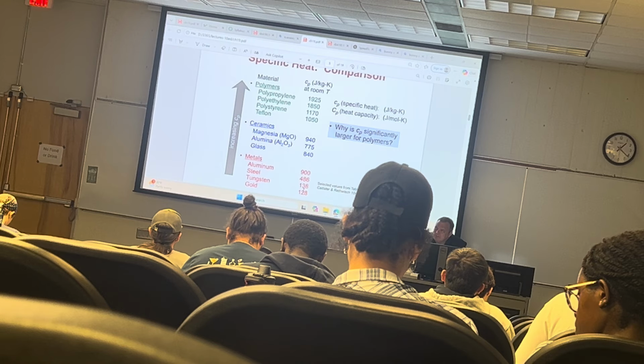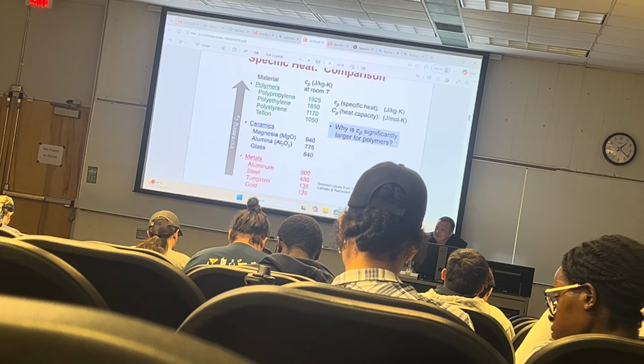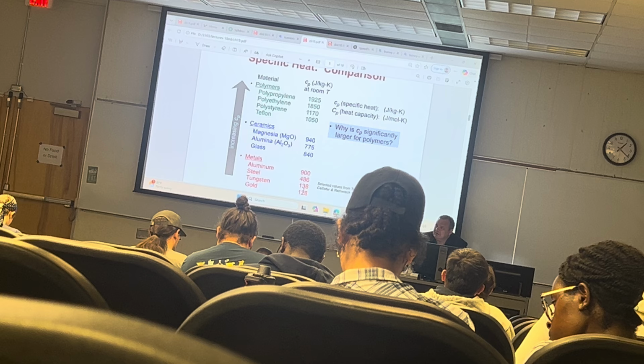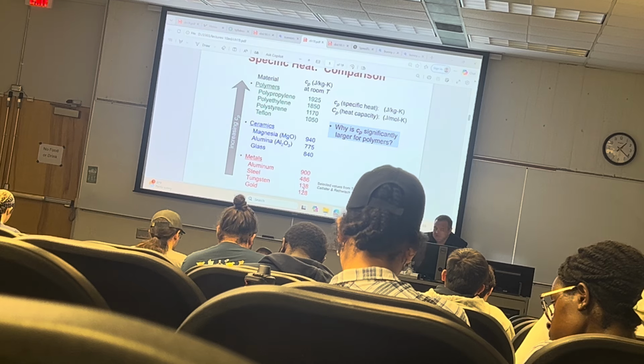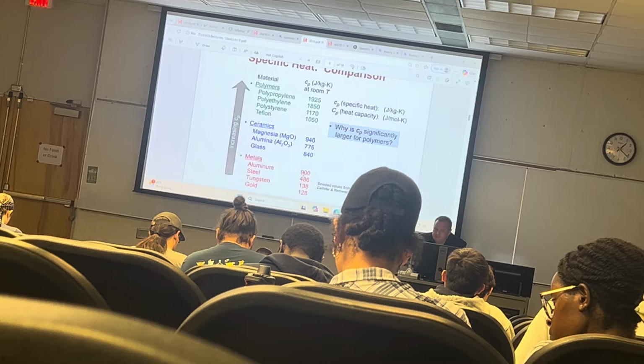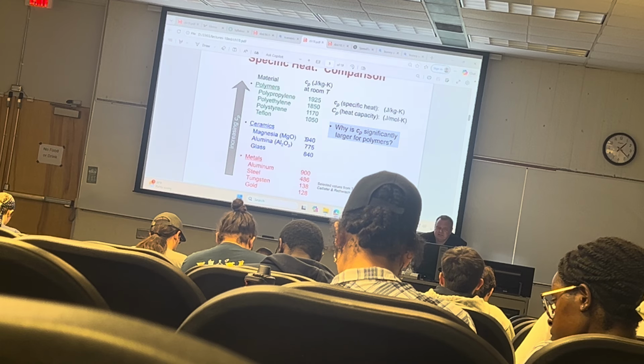So the heat capacity has to do with the ability to store heat. Like you heat something up and then it's going to cool down. The gold is going to do that faster. Aluminum, less fast. Plastics, less fast.